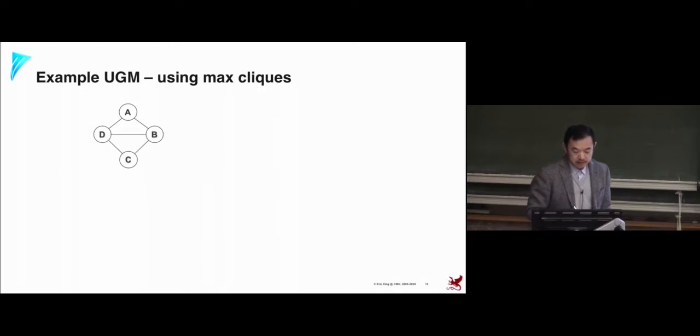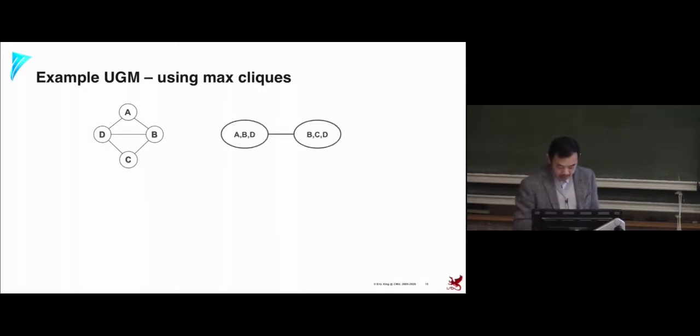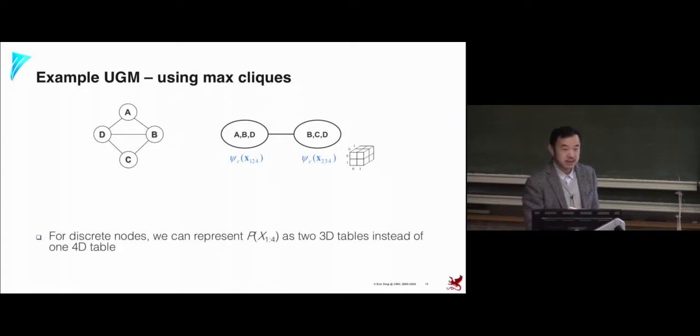Okay, so let's go down and see a few more examples. So here, you can graphically see what is a max clique, and then what is the potential on the max clique. Well, the potential function here is symbolic, but if you really want to implement it in a computer, here you have three random variables.